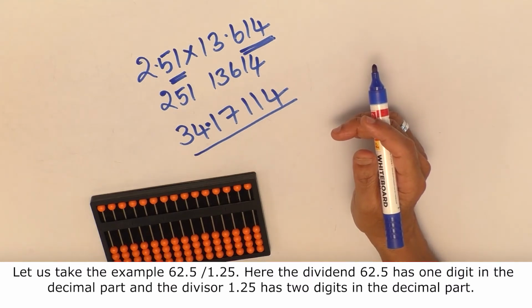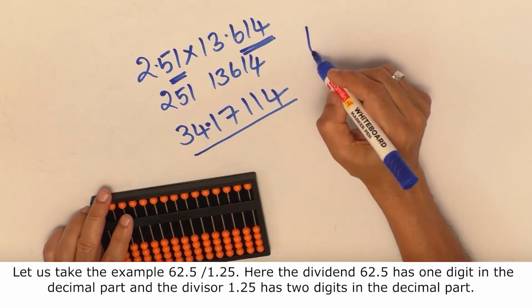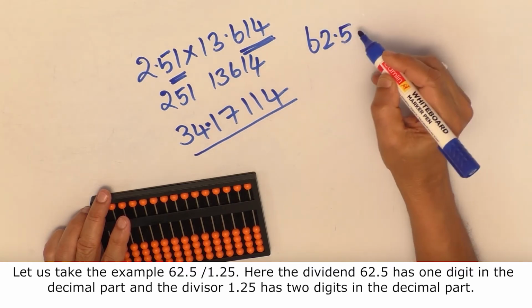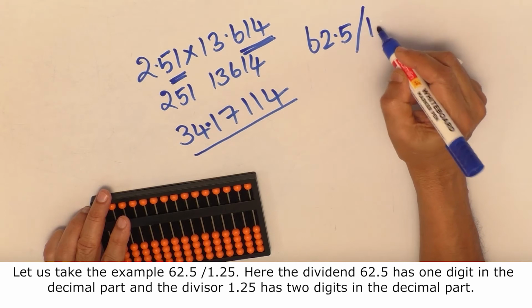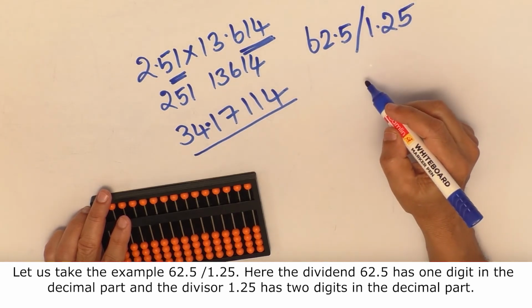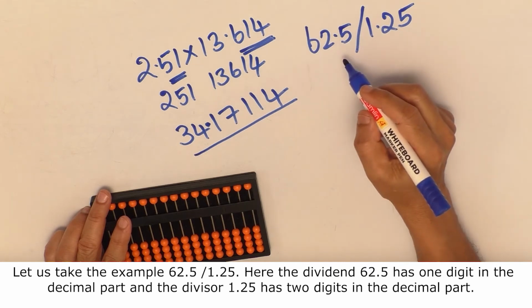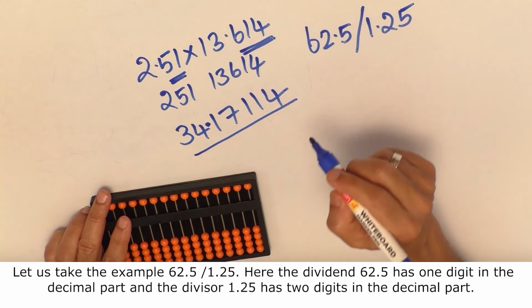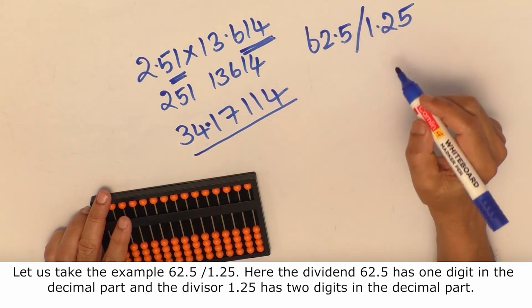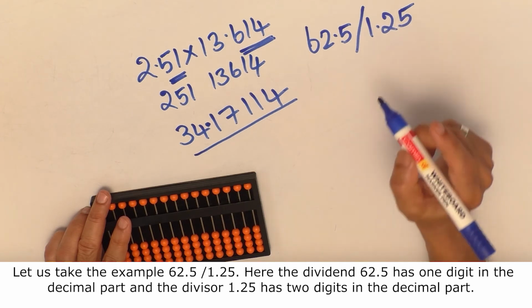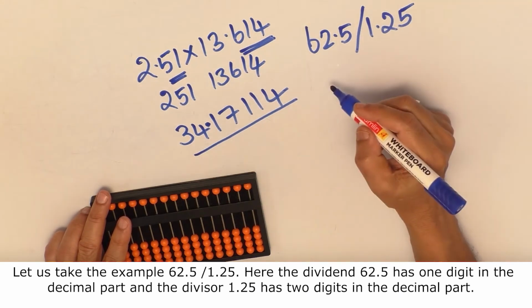Let us take the example 62.5 divided by 1.25. Here, the dividend 62.5 has 1 digit in the decimal part and the divisor 1.25 has 2 digits in the decimal part.